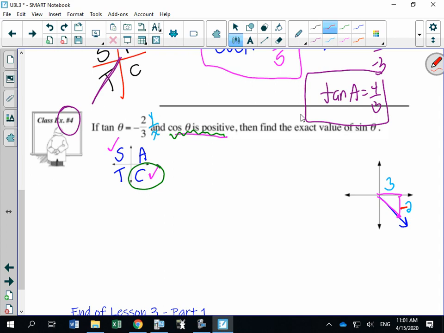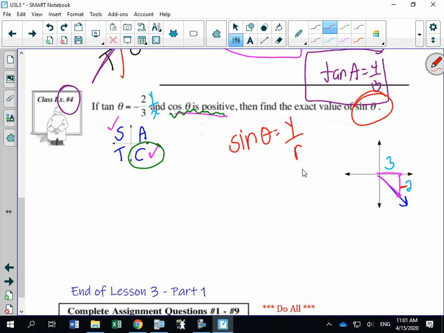Then the question is, find the exact value of the sine of theta. Sine is SOH CAH TOA, opposite over hypotenuse, y over r. In order to do the trig ratio for the sine of theta, I need to know what r is, right? I know what y is. Y is negative 2. I need to get r.